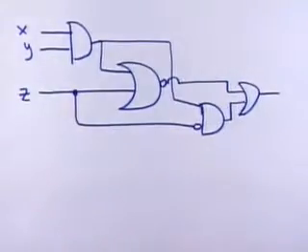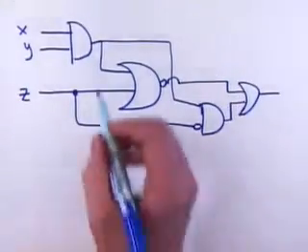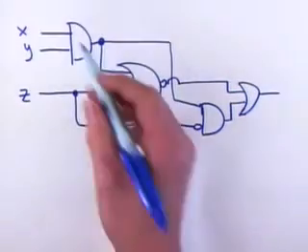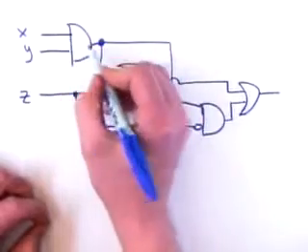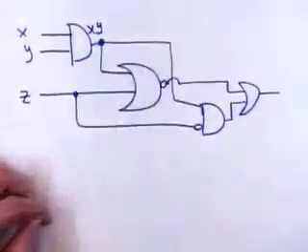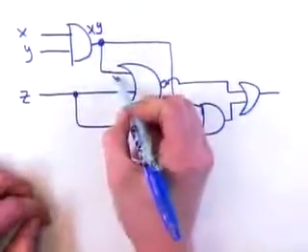So how do we read a logic diagram? We read left to right, right? So we follow the inputs. We see what kind of gate it is. So this gate has what output? X and Y, which is written XY. So this input here is XY.